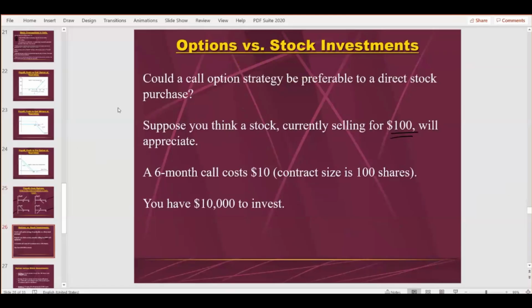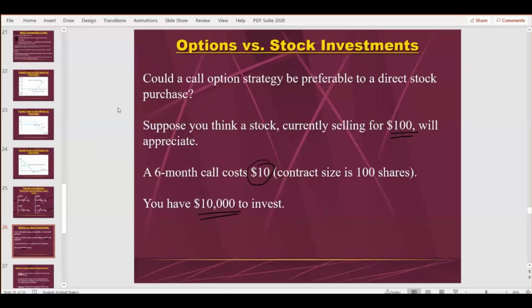We are expecting the stock to appreciate in value. We have $10,000 to invest, and we can either invest in the stock directly by buying each share at a price of $100, or buy call options with an expiry date of 6 months, where the premium per share is $10 and the contract size is 100 shares.